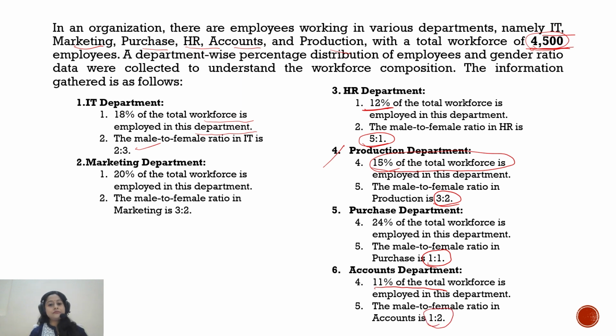So same, we will solve this problem using the previous way. We will first generate a summary table where there will be the absolute number of total workforce working in each department, the number of male employees working in each department, and the number of female workforce working in each department.